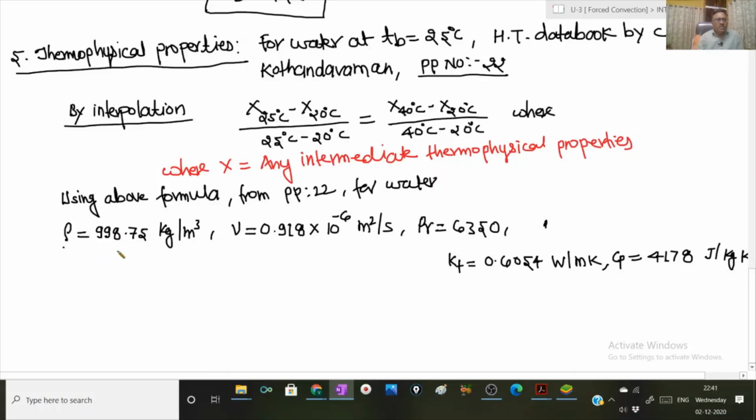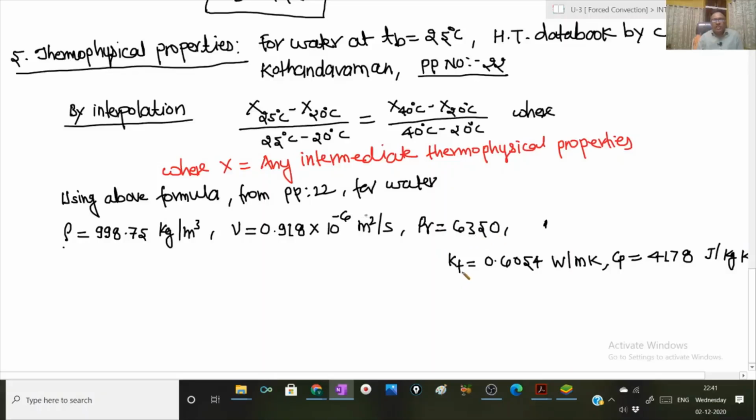Density as 998.75 kg per meter cube. Kinematic viscosity nu as 0.918 into 10 to power minus 6 meter square per second. Prandtl number as 6350.